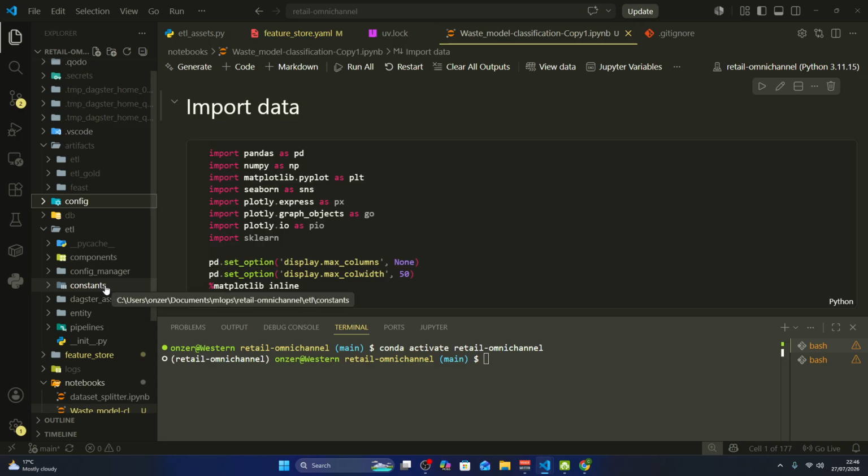Then we also integrated a feature store using Feast, which will enable us to manage all the features that we will be generating on this project. So Feast, the feature store, will give us a central repository where we store our features, and it will also enable us to retrieve those features whenever we want to do predictions.